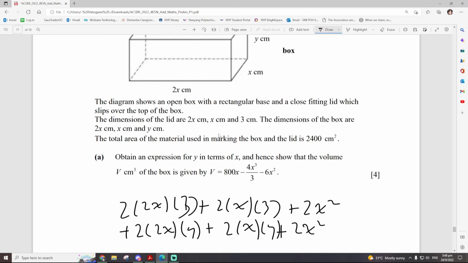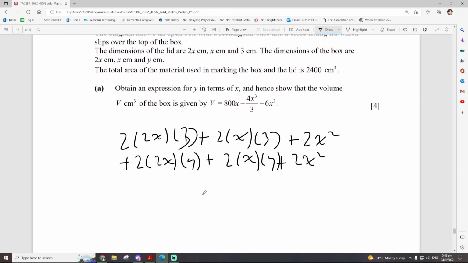Okay, and this is equals to, we'll simplify this, so bring all the terms together, so this is 4x squared plus 6xy plus 18x. Yeah, that's all the terms brought together already.